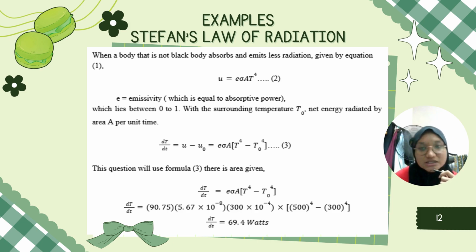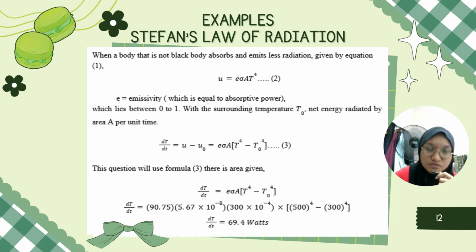After we analyze the question, we got to know that when a body that is not a black body absorbs and emits less radiation, we change the equation to become U = eσAT^4. e stands for emissivity, which is equal to absorptive power.